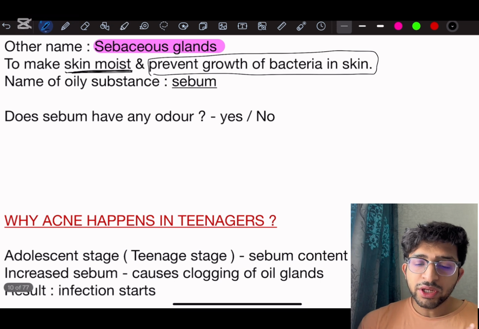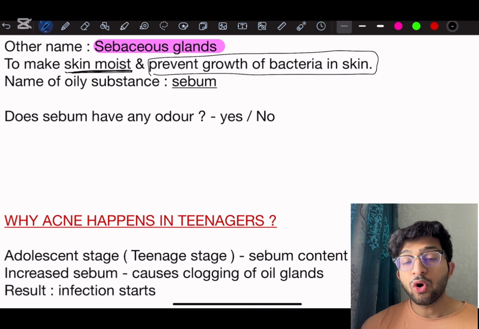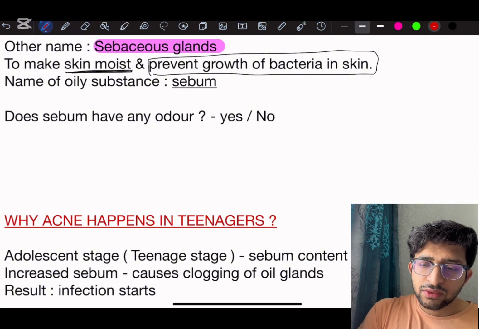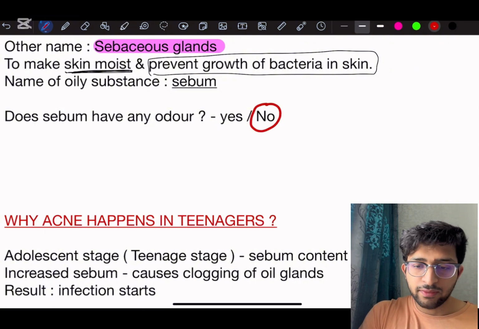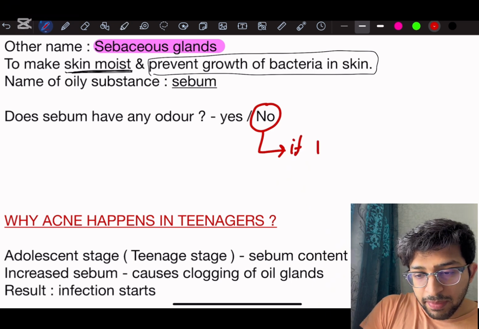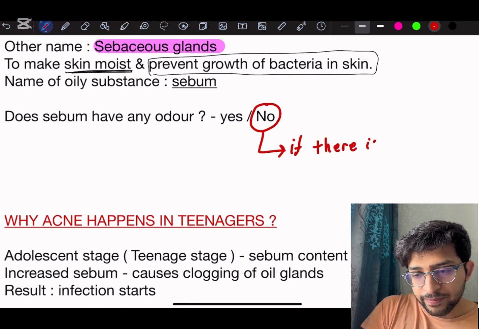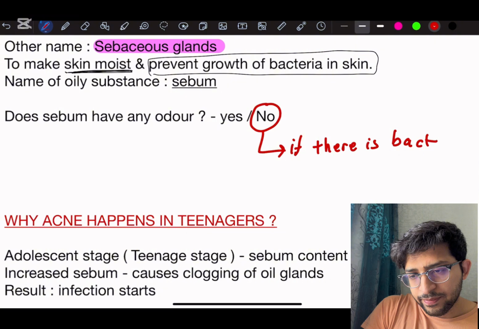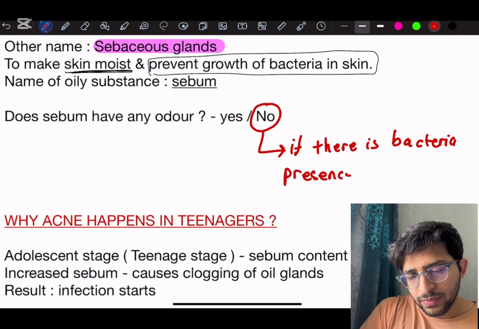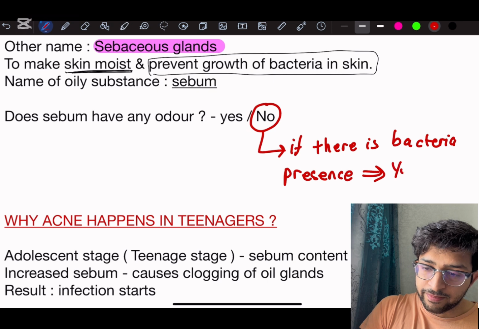Another question is, does our oil have any odor? The normal answer is no, we don't have. But if there is bacteria presence, then yes.